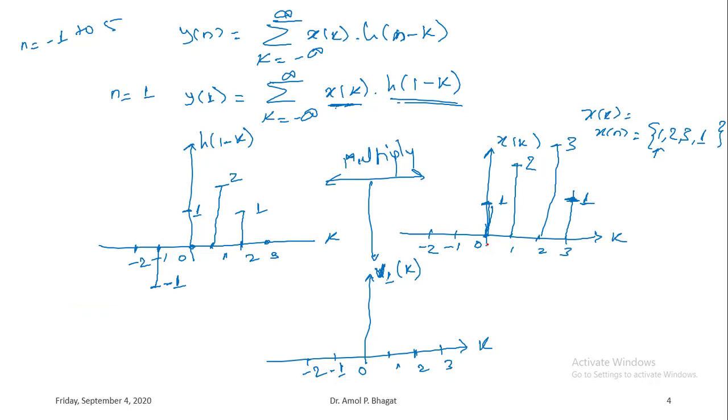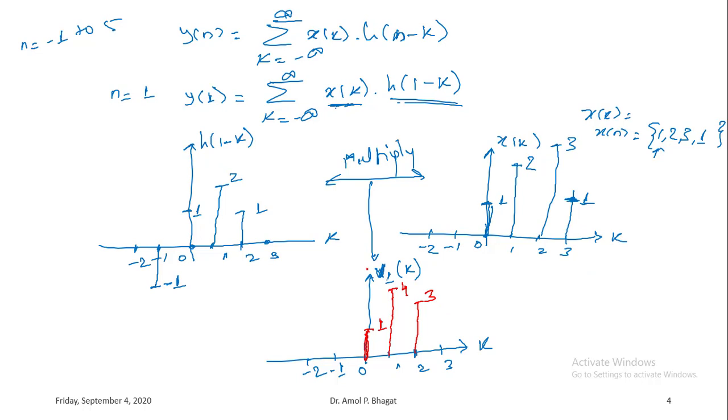Okay, so at the origin, at 0 it is 1 and at 0 it is 1, so 1 multiplied by 1 will be 1 at the origin. At 1 it is 2 and at 1 it is 2, so 2 multiplied by 2 will be 4, at k equals 1. Then at 2 it is 3 and at 2 it is 1, so 3 multiplied by 1 will be 3, right?